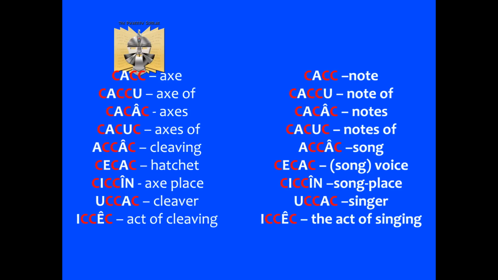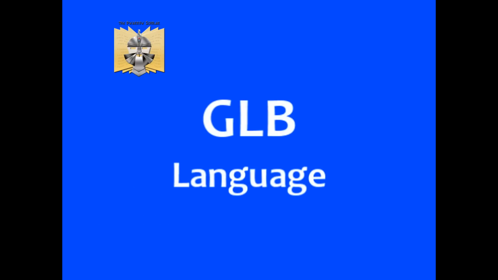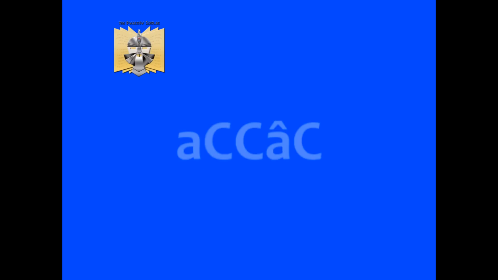Let me give you another example. If we know that the radical pattern GLB is used for things related to language, what do you think the word language would be? Language, again, is an abstract concept. We know the form is A, consonant, consonant, extended A, consonant, and we know the radical pattern of language is GLB.